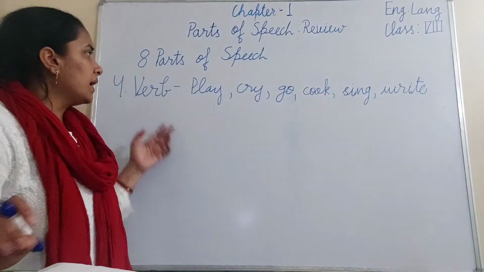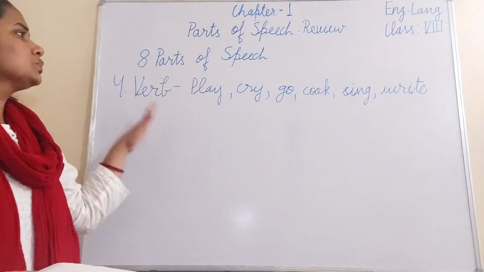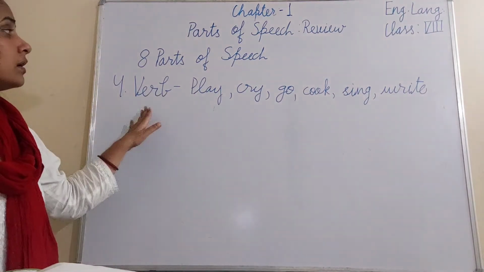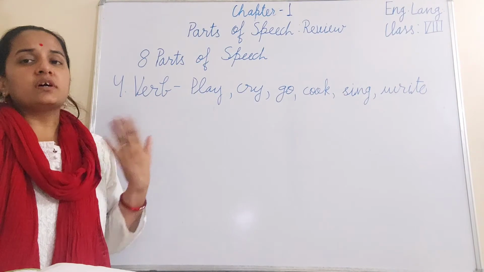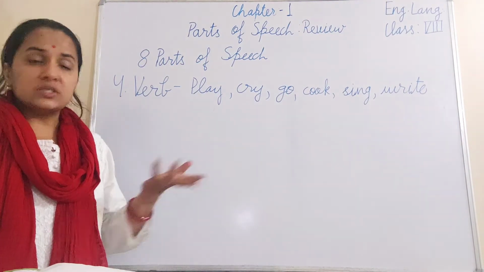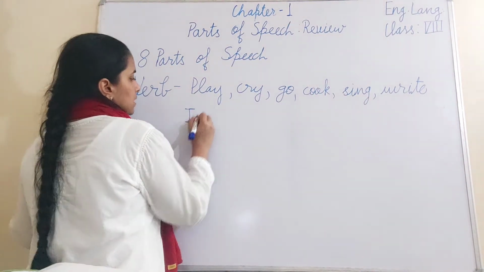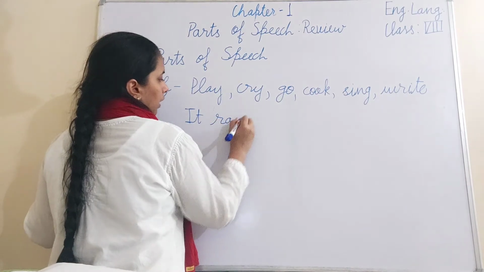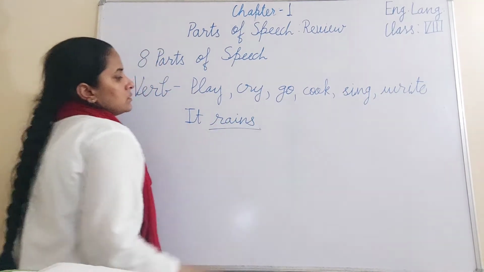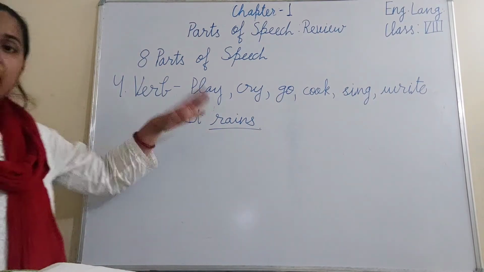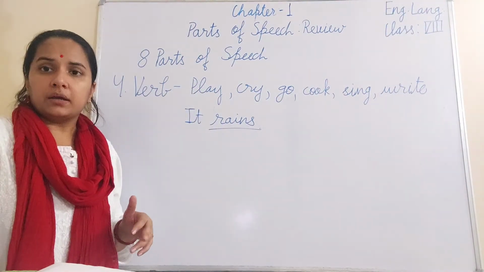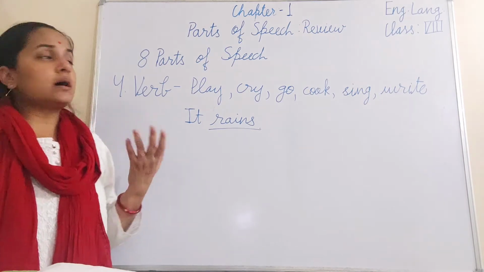So that is why all of these words are the action words, which denote when something or someone does something or something happens. For example, it rains. So rains is the action word. The action itself is happening. So that is why it is the verb.